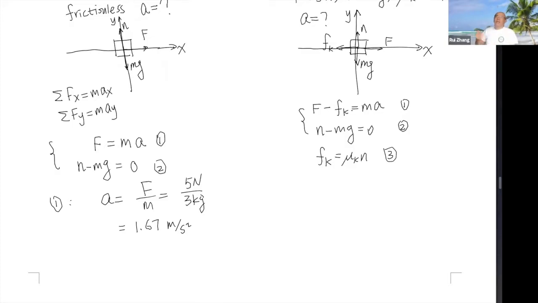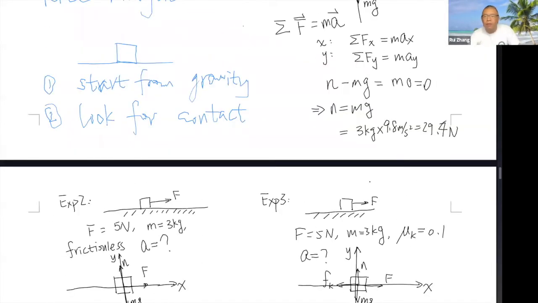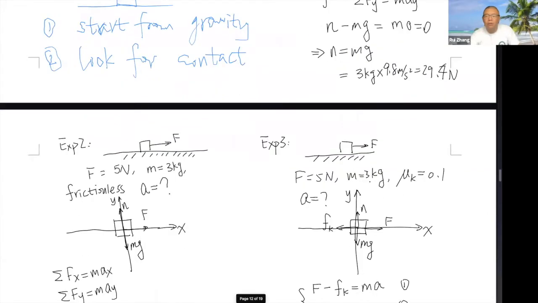Again, as you can see, the logic is to start from the unknown we want to figure out, and then trace back until finally we can see what we can do. So let's start from the second equation. We have N minus mg equals 0, so N equals mg. We already did it in the first example, so that's just 29.4 Newton.